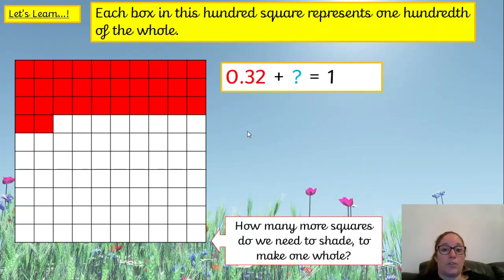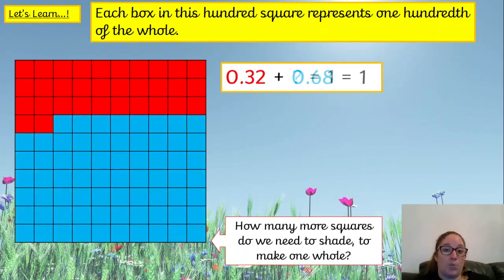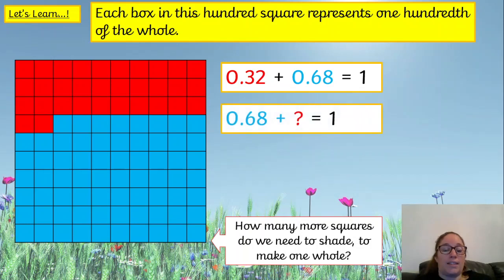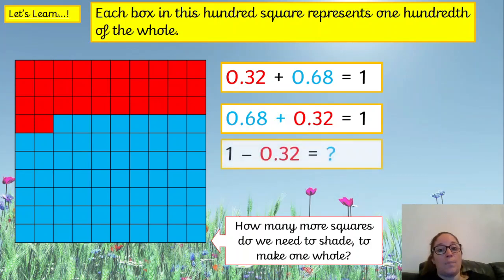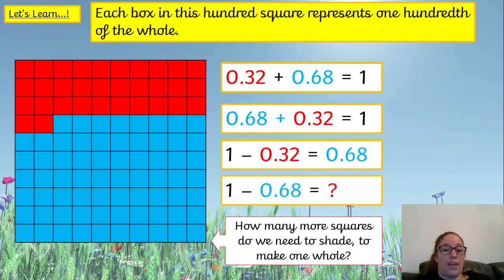So 0.32 plus 0.68 equals 1 whole. Okay, and that's the same as 0.68 plus 0.32, and 1 subtract 0.32 is 0.68. Okay, so it's just the inverse, so 1 subtract 0.68 is 0.32. So the bottom two are the inverse of the top two.